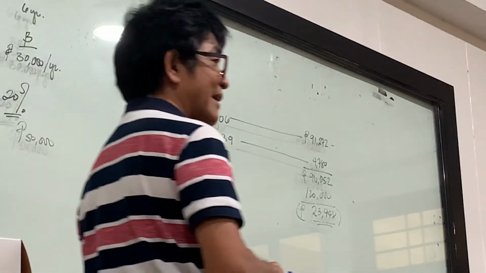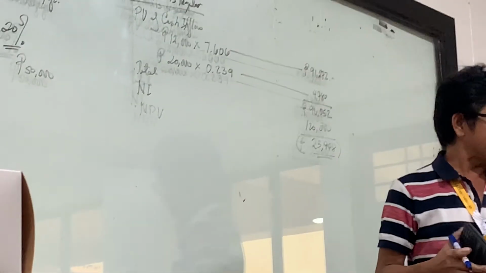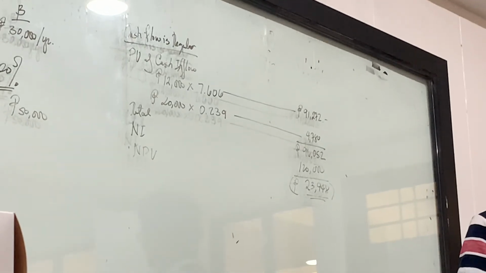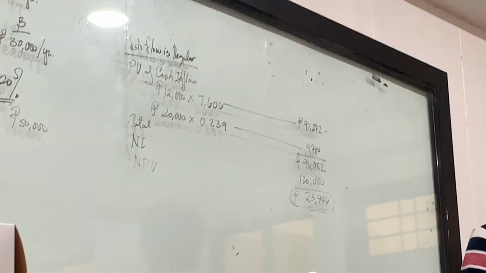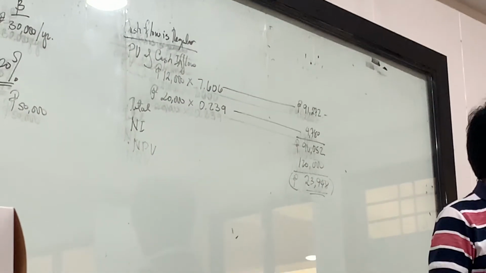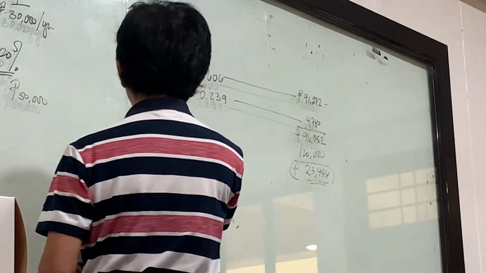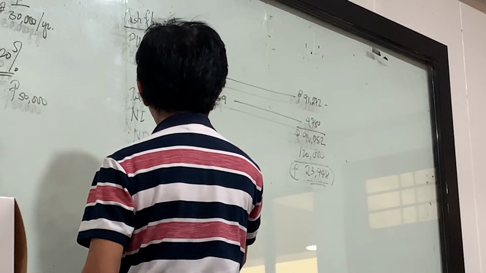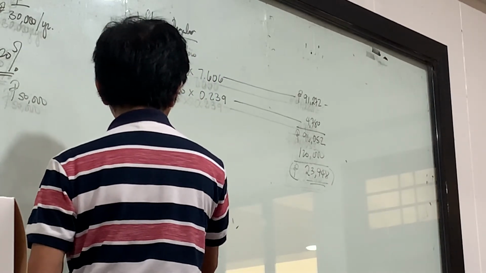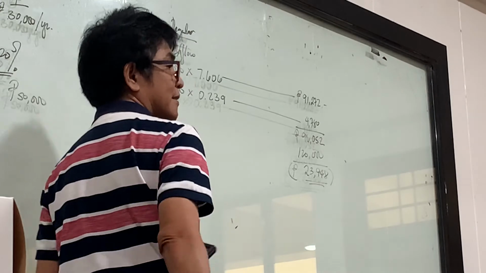Project B. Ilan na sa Project B? Is it 6 years? So let's compute for the present value of cash inflow. Okay, year 1, 2, 3, 4, 5, 6.